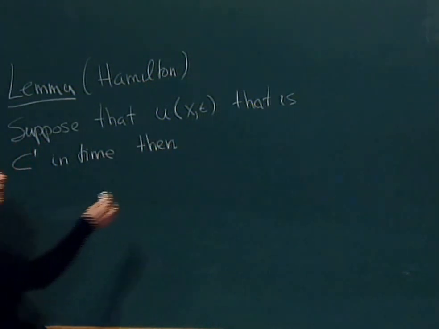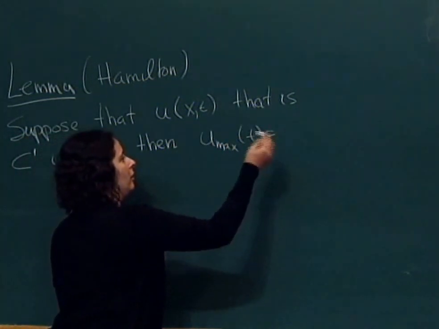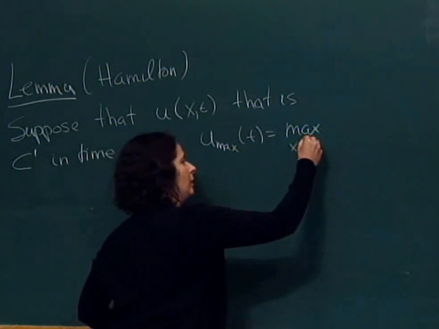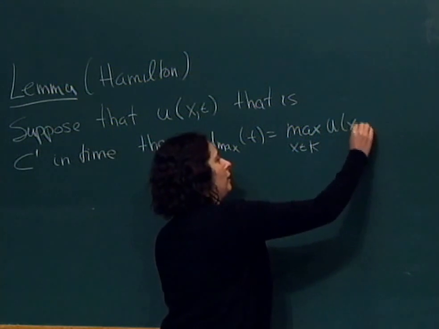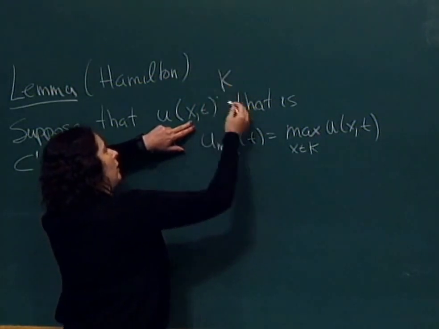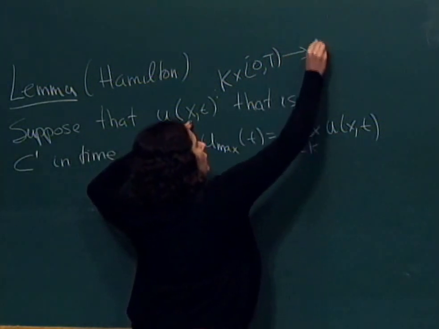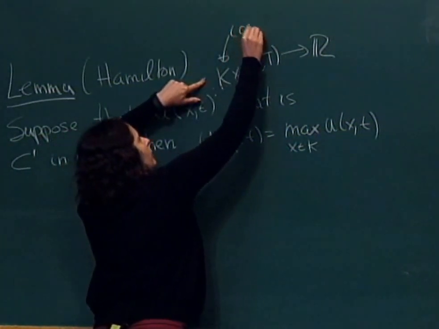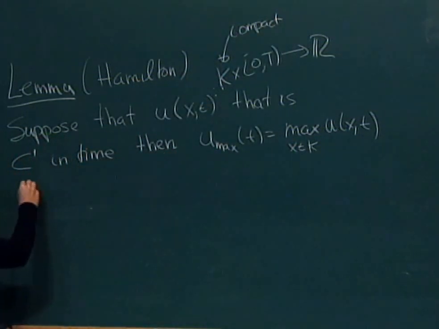Then the function u max of t, that is the maximum over some k of u of x, t. Here I should have defined where this is defined, so I'm going to say that this is k cross 0, t, on R, and k is compact. So this function is Lipschitz.